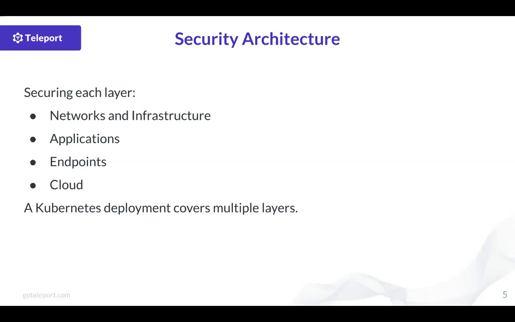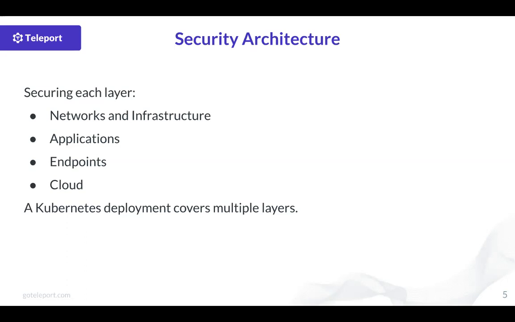How is data being protected? Endpoints: how do you control which users are authorized to access different parts of your network and different parts of your infrastructure? And lastly, cloud: are there open S3 buckets? Are API keys being shared or not rotated?